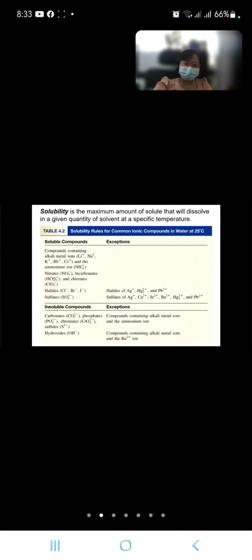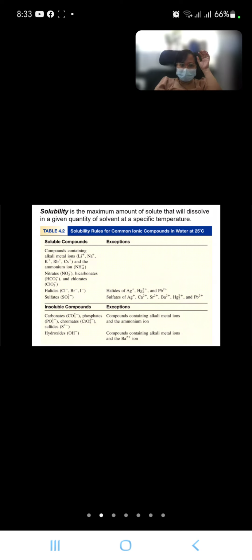Nitrates, carbonates, and chlorates are also soluble in water. Then we have the halides, meaning these are the ions formed from the elements belonging to group 7A, or the halogens.